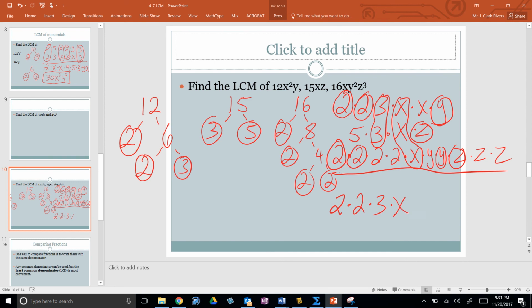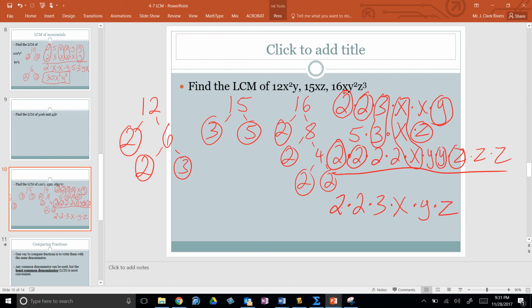And I multiply by x just once. I've got y and y showing up here and here. So I multiply by y. And I multiply by a z and a z showing up there and there. That's just one z.